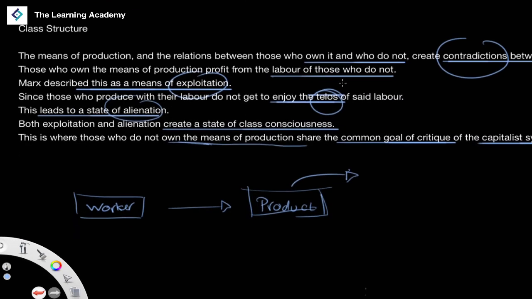And the combination of alienation and exploitation leads to a communal class consciousness, where members within the society become aware of the community and the kinds of struggle that they all share within that particular class.